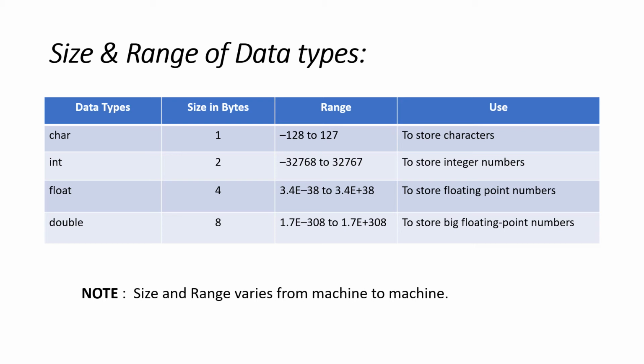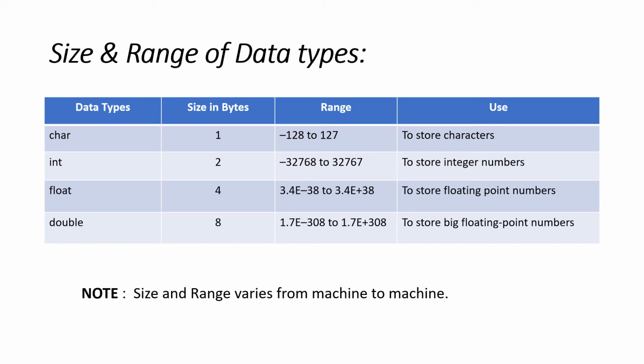Size of float data type is 4 bytes. Range varies from 3.4e to the power of minus 38 to 3.4e to the power of 38. Used to store floating point numbers. And the size of double data type is 8 bytes.